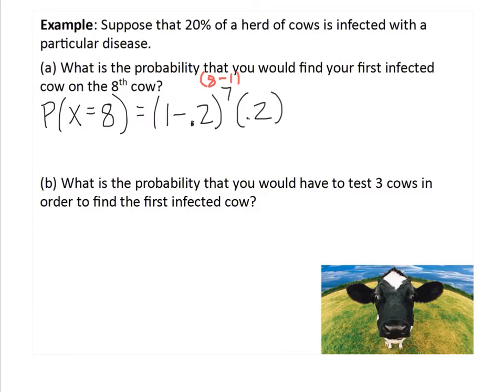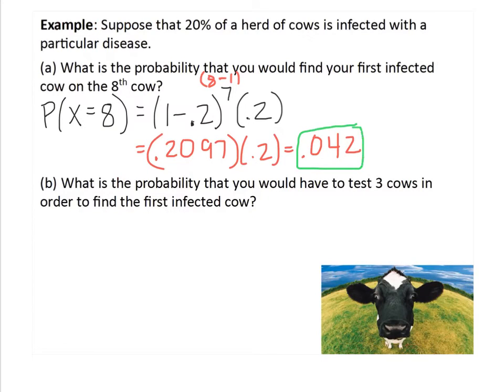Well, if I plug this into my calculator, I get 0.2097 times 0.2, and that gives me 0.0419 or 0.042. So if I have to interpret that, what this 0.042 is saying is the probability my first infected cow is the 8th cow is 4%.